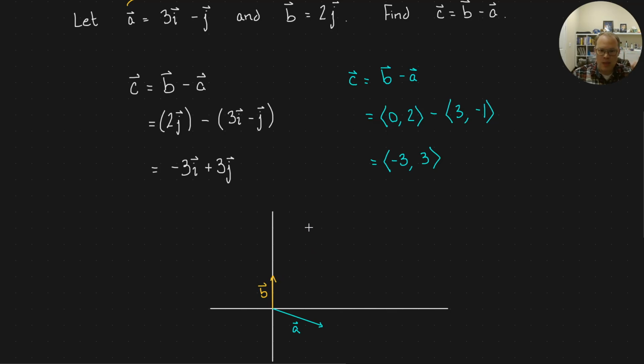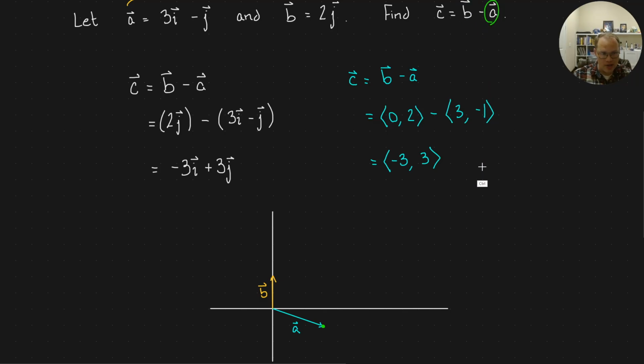Okay? Now remember what vector subtraction should give us. It should give us a vector with its tail at the second guy and its tip at the first guy, right? End minus start. So let's draw our resultant vector, vector C, with its tail here, since this should be the start, right?